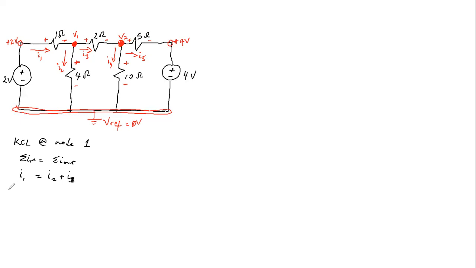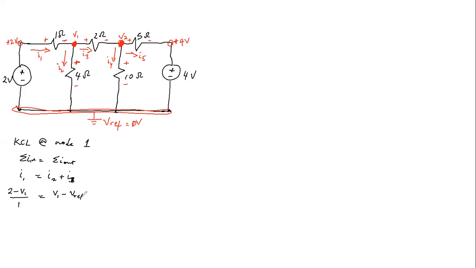So that will be (2 minus V1) divided by 1 ohm. And I2 is the current through the 4 ohm resistor, which is V1 minus Vref, where at this point the reference voltage is 0.